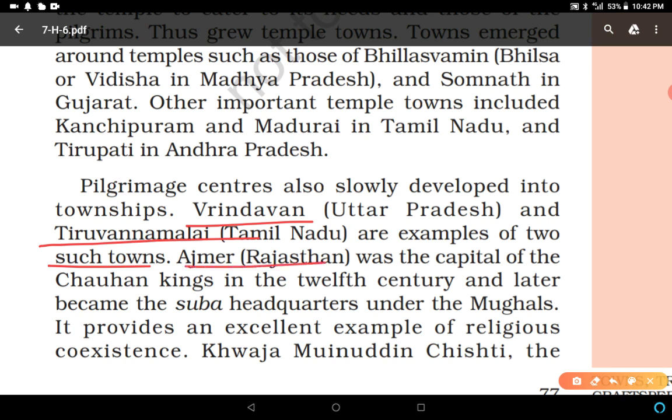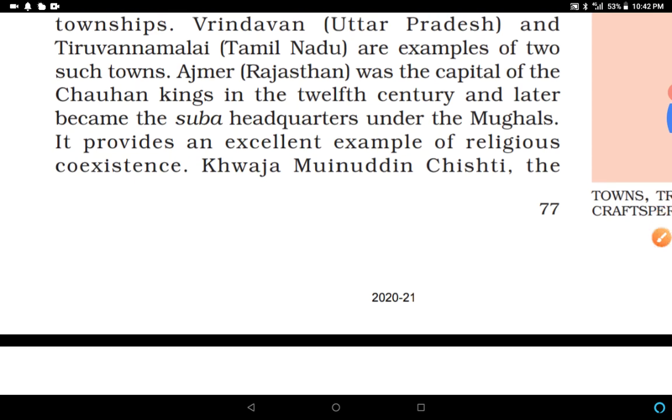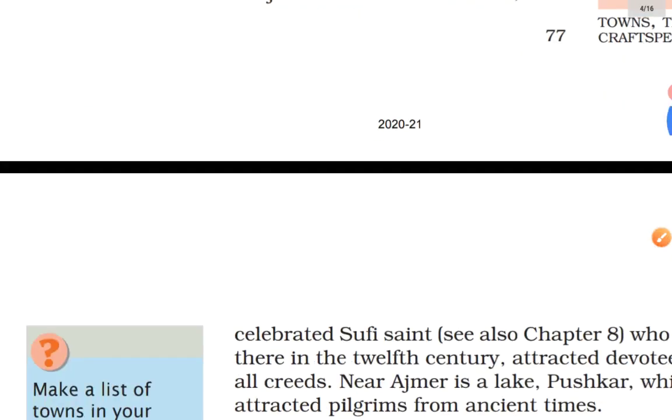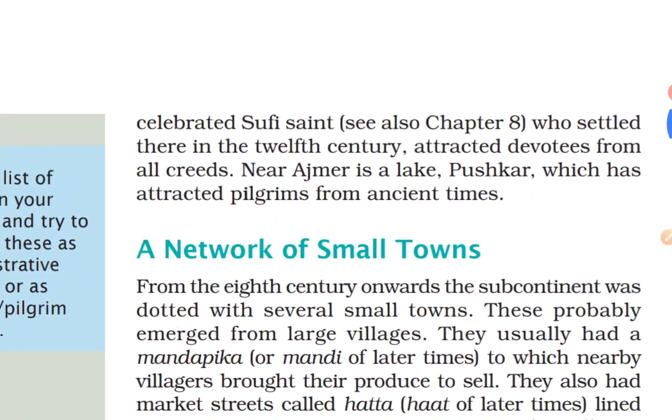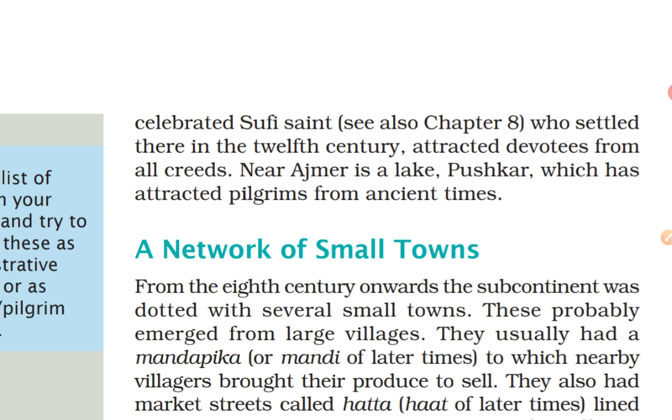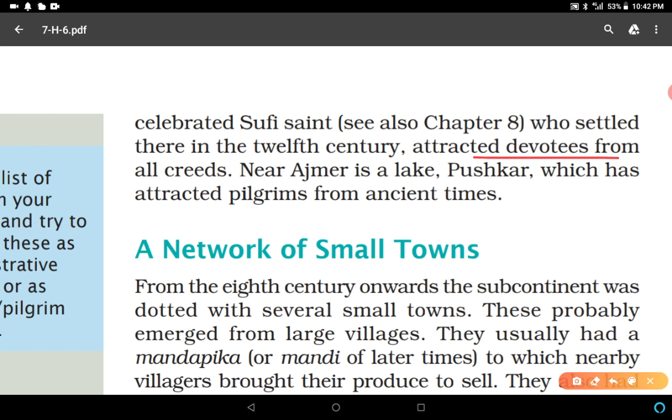Ajmer in Rajasthan was the capital of Chauhan kings in the 12th century and later became the Suba headquarters under the Mughals. It provides an excellent example of religious coexistence, where Khwaja Muinuddin Chishti, the celebrated Sufi saint who settled there in the 12th century, attracted devotees from all creeds, all of the main religions of India.